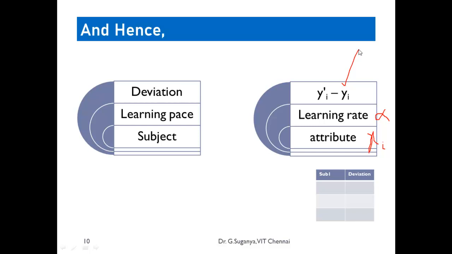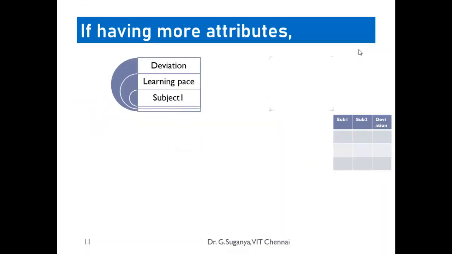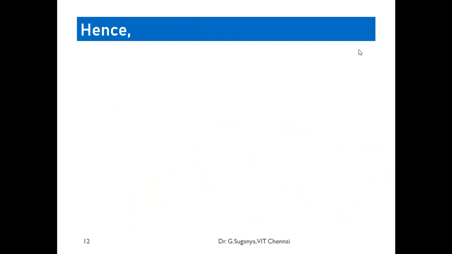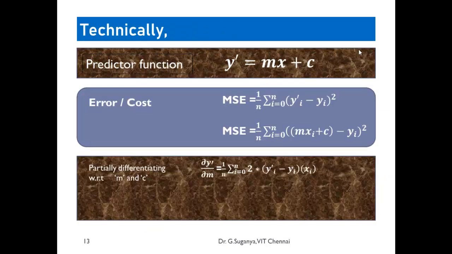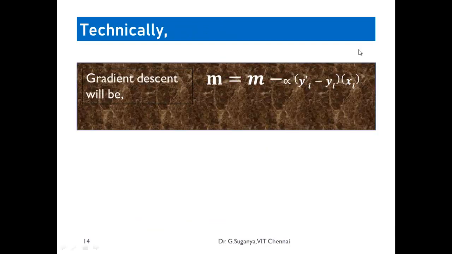Now if you see this formula, you can understand what alpha is. Alpha is nothing but your learning rate. Xi is the corresponding attribute. If you have 4 subjects at hand, this needs to be repeated for every subject, because the coefficient varies for every attribute.